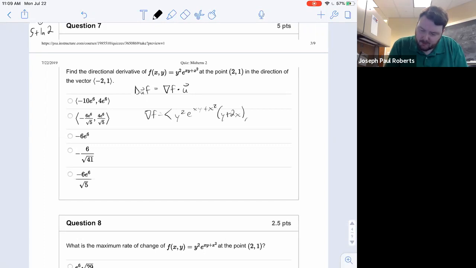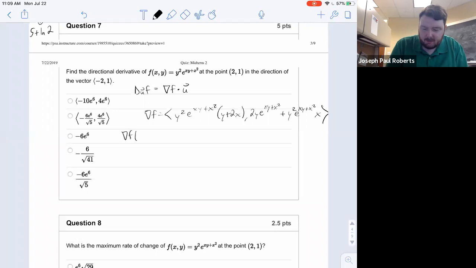And then for the y partial, we actually need the product rule. So we're going to have 2y e to the xy plus x squared, plus y squared e to the xy plus x squared times the derivative of the inside with respect to y, which is x.